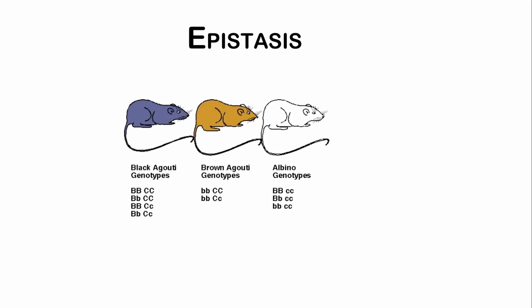So as an example here, we can look at different phenotypes from mice. Here we have 2 different genes with various alleles possible, either uppercase or lowercase. And what we see is that we can consider the black to be the base phenotype. If both of the B genes have the lowercase allele, then we will get a brown phenotype.